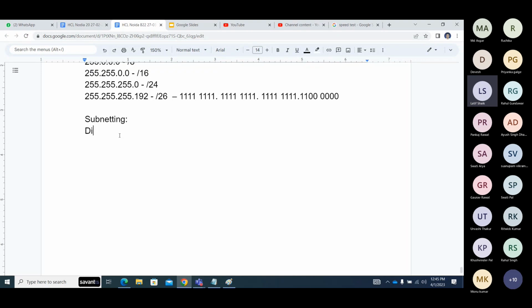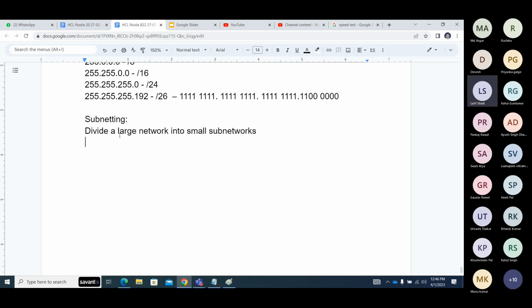Subnetting means dividing a large network into small subnetworks.